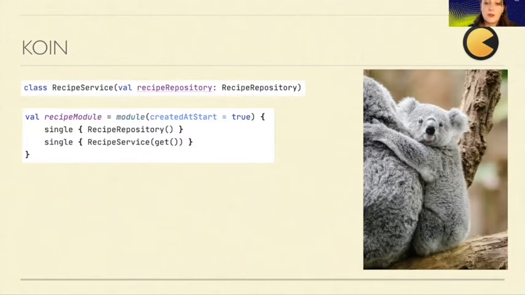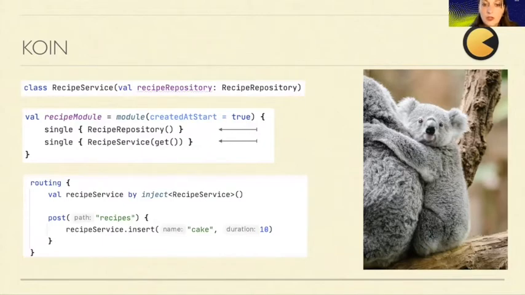Here I declare that I have my module, which will directly be created as the start point of my application. So I can be in control of when and where I want to declare my beans. And then I declare my singleton recipe repository as this, and then I state that my recipe service would depend on a recipe repository, any bean of type recipe repository, out of the constructor.